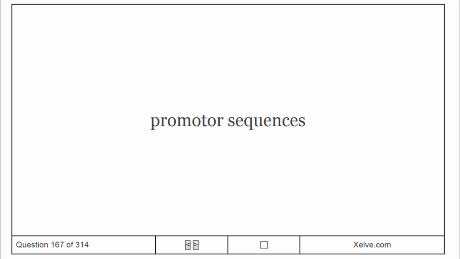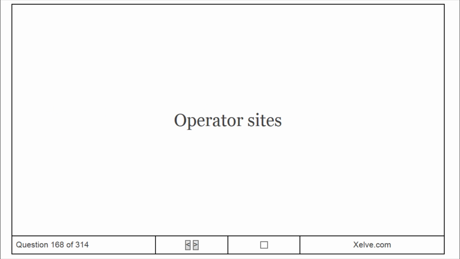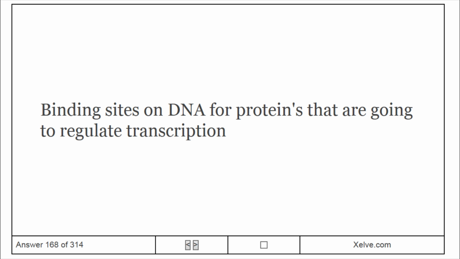Promoter sequences identify the start point for transcription and regulate the rate at which transcription occurs. Operator sites are binding sites on DNA for proteins that are going to regulate transcription.